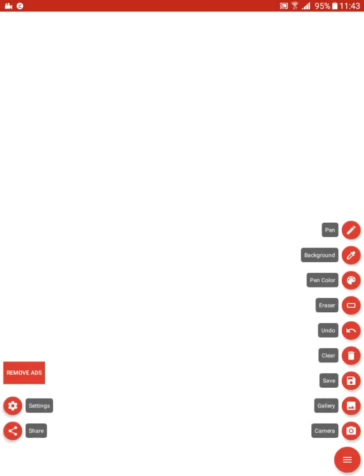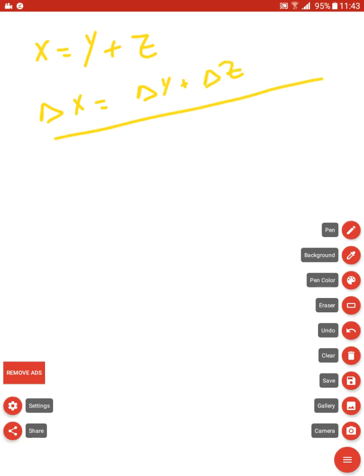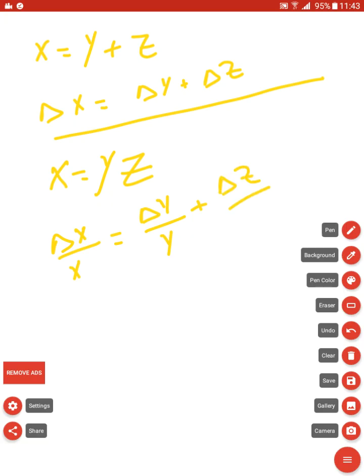Now, again, if I have x equals y plus z, the error in x equals the error in y plus the error in z. If I have x equals y multiplied by z, the error in x divided by the value of x equals the error of y over the value of y plus the error in z over the value of z.